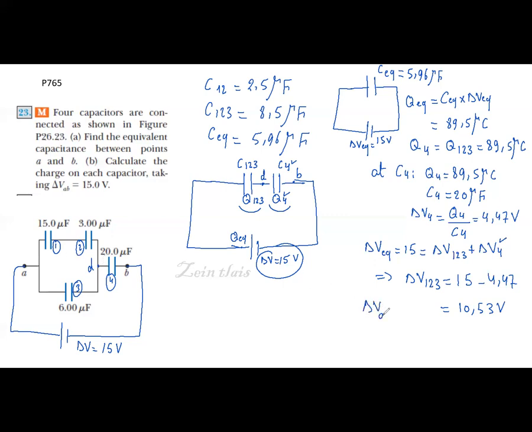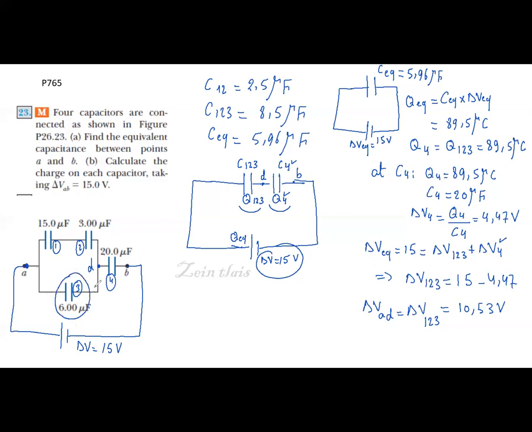Here, as you see, delta V123 equals delta V AD. We calculated delta V between A and D, so we have delta V through this capacitor.